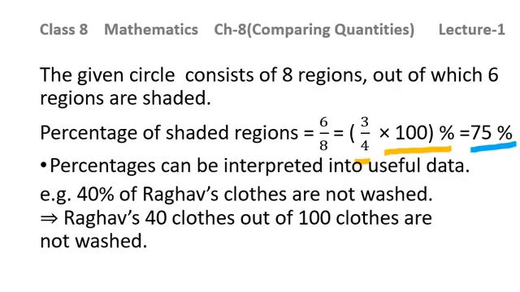Raghav's 40 clothes out of 100 clothes are not washed. As we know, the word percent means per 100 or out of 100. This is the meaning of this statement.